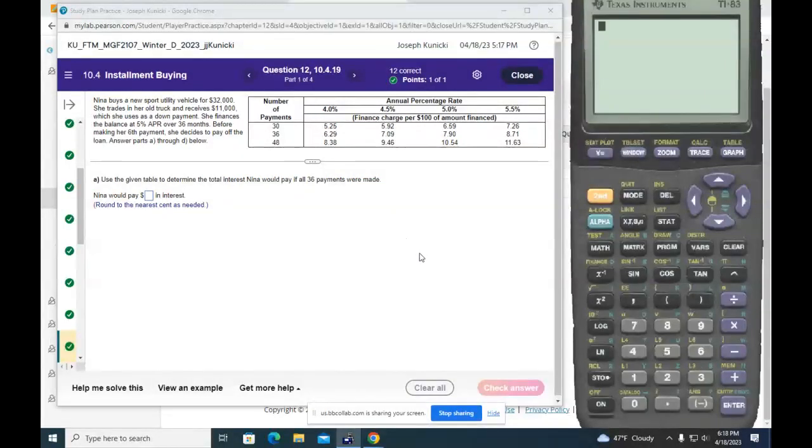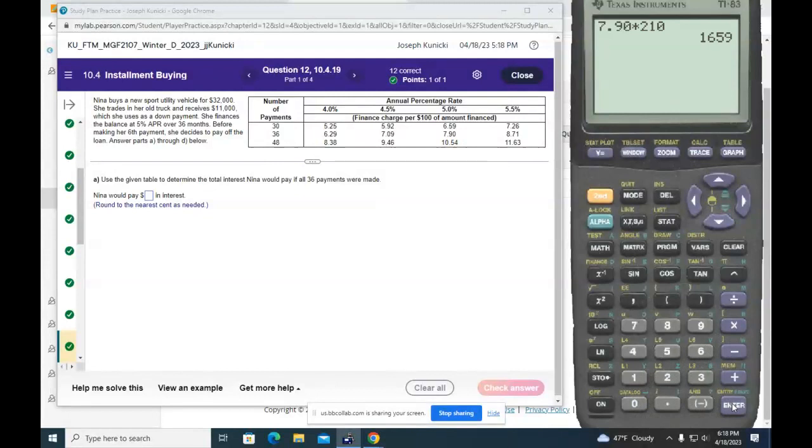Okay, so I need to know what the monthly payment was. So this time I got to go to 36 and 5%, so 7.9. That's the finance charge per $100, and there's $21,000, so that's 210 hundredths.